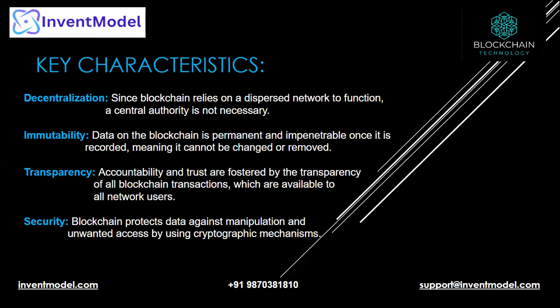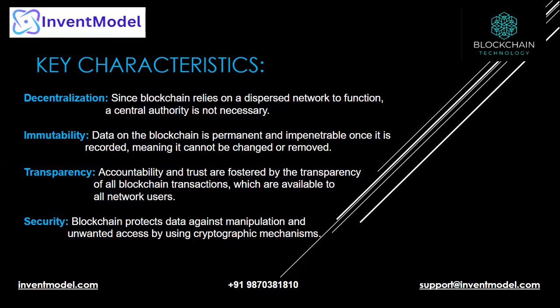Next is security. In today's era, security is very essential for everyone. Blockchain security is rooted in its decentralized structure and cryptographic techniques. Since the ledger is maintained by numerous nodes, it's challenging for a single entity to alter the data.